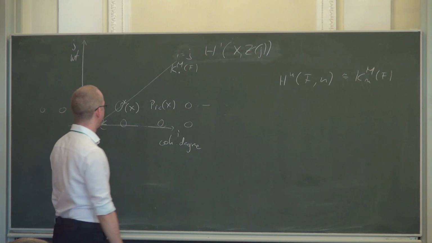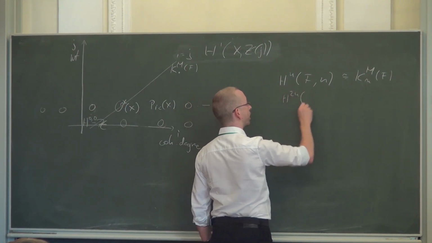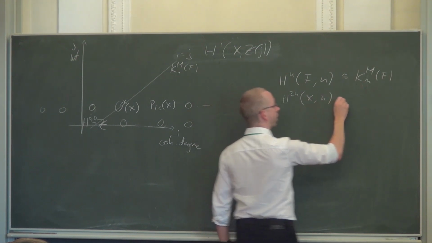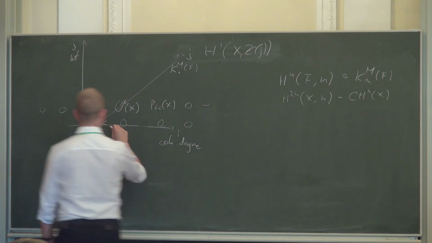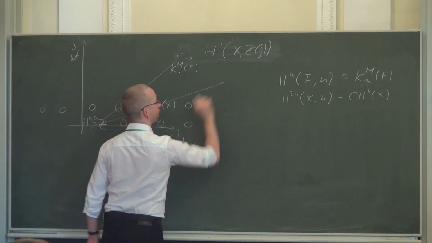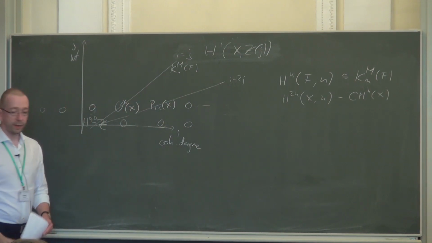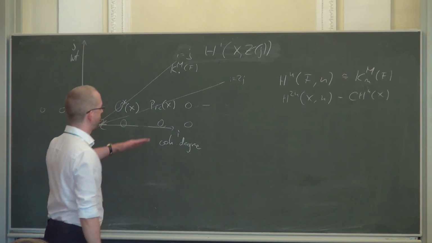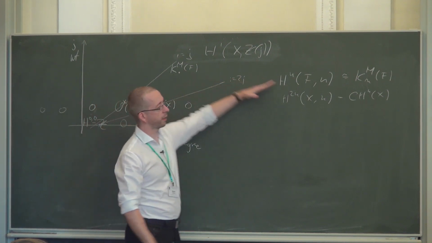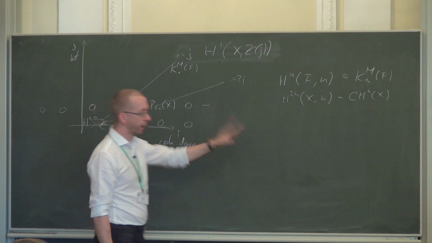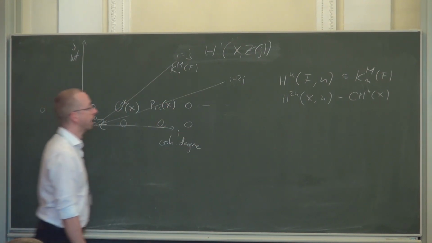And then we also had that H^{2n}(X, Z(n)) are the ordinary Chow groups of X. Those would live on something like this line, i equals 2j. And then the vanishing statements I mentioned yesterday would imply in particular that to the right of the line i equals j, everything vanishes. There's no Motivic cohomology there.